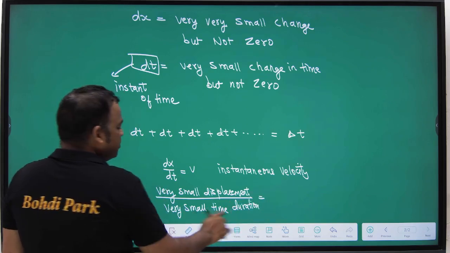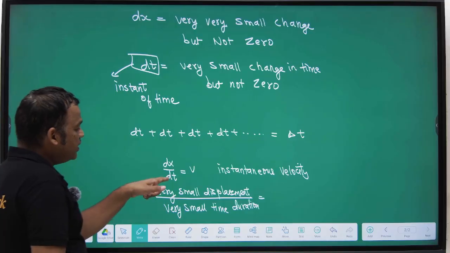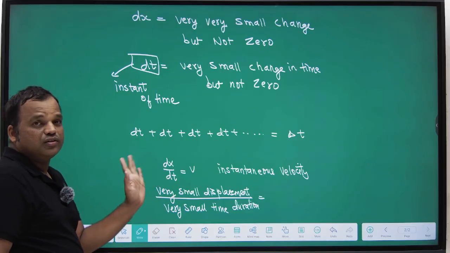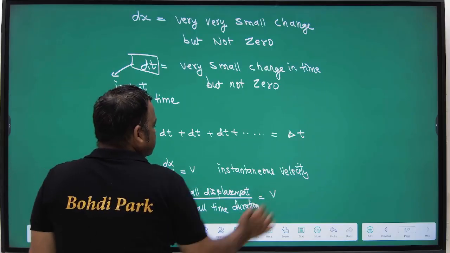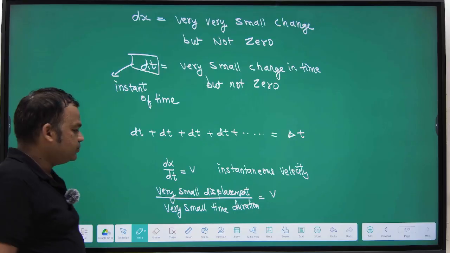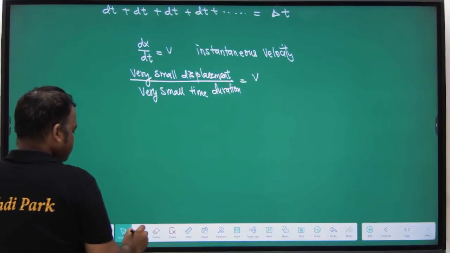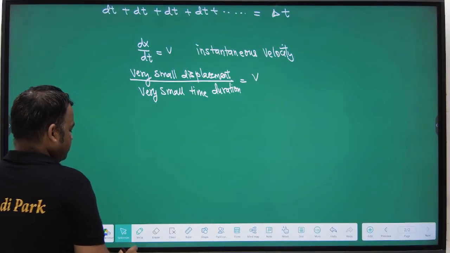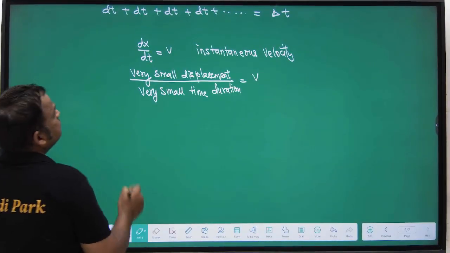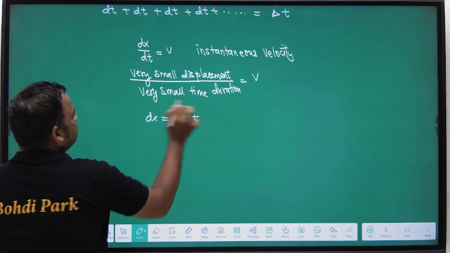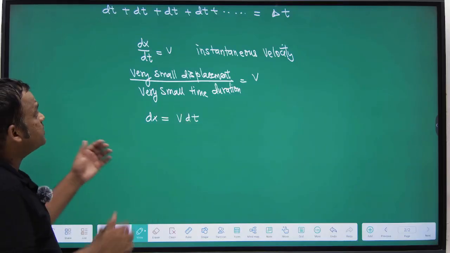It is so small but not zero. dt is a small time but not zero, dx is a small displacement but not zero. That is known as instantaneous velocity. So we have dx is equal to v dt. It is just a simple rearrangement.